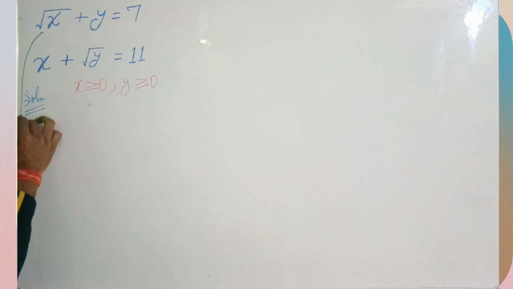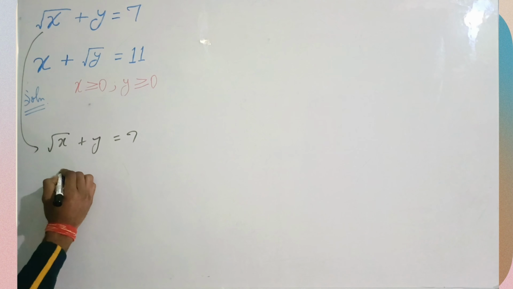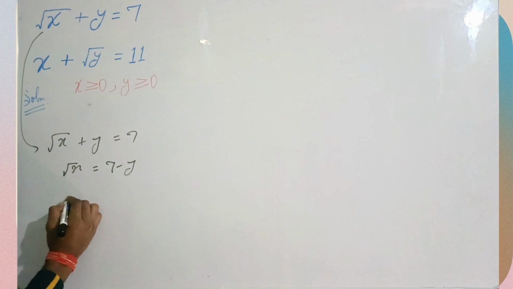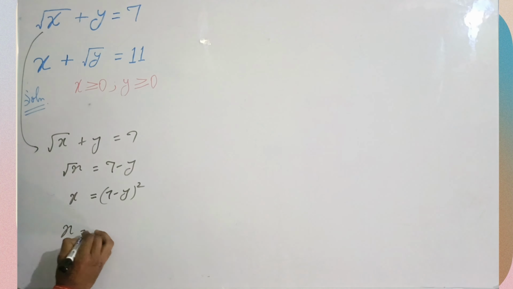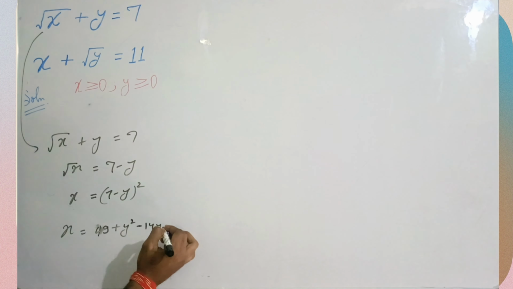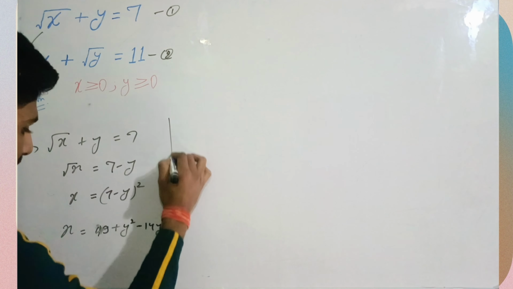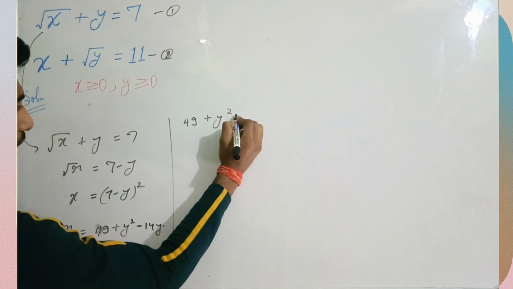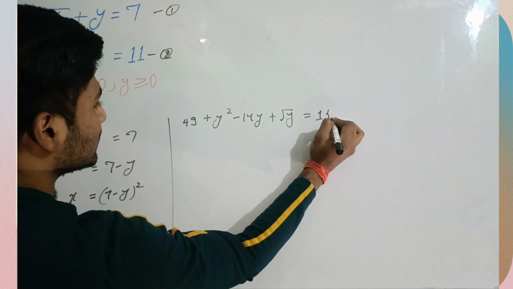Now using simple substitution, root of x plus y is equal to 7, we get x is equal to 7 minus y, and squaring both sides we get... now substituting this value in our equation 2, we get 49 plus y square minus 14y root y is equal to 11.